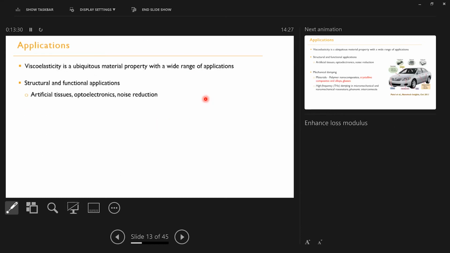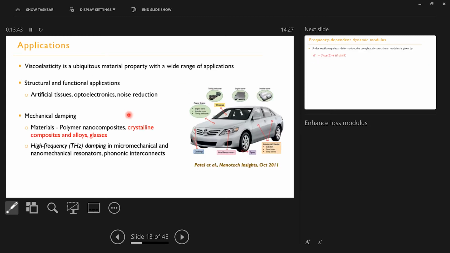Before I go there, why is it important? As I mentioned, viscoelasticity is universal. Any material that you take is viscoelastic. And whenever you have functional and structural applications, for example in an automobile, or earthquake protection for a building, or an aeroplane, basically any structure that undergoes repeated cyclic deformation, you need materials that will damp out these vibrations or cyclic deformations.